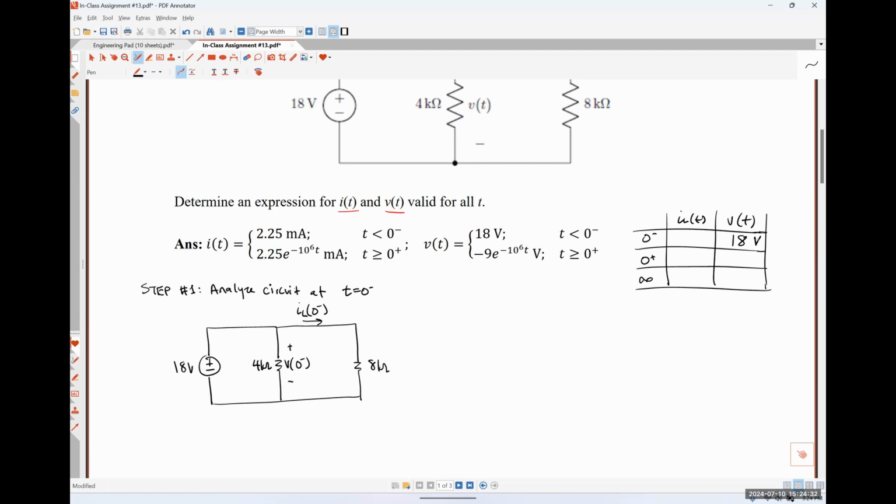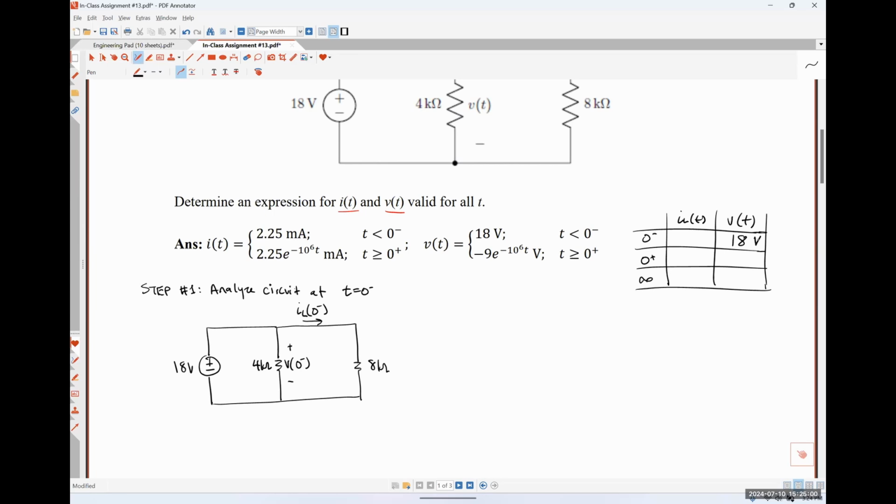Any thoughts on the inductor current? I think the easiest way would just be current division. So current division is useful when we have a known current dividing between two resistors in parallel. But we don't have a known current, we have a known voltage. So I would argue Ohm's law.